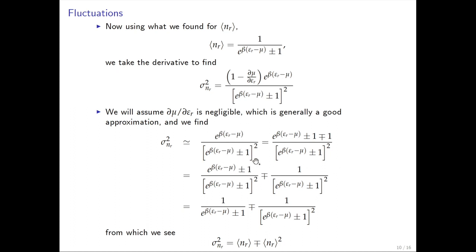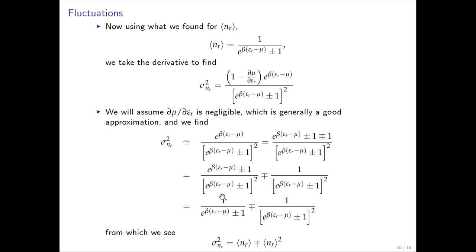And we'd like to simplify this a bit more, because somehow this is starting to look like the mean occupation number quantity squared. So let's both add a 1 and subtract a 1 here, and we'll break this into two terms, right? We'll call this one term, and that another term here. And then you can see we have the same thing up here as here, so that one term cancels out.